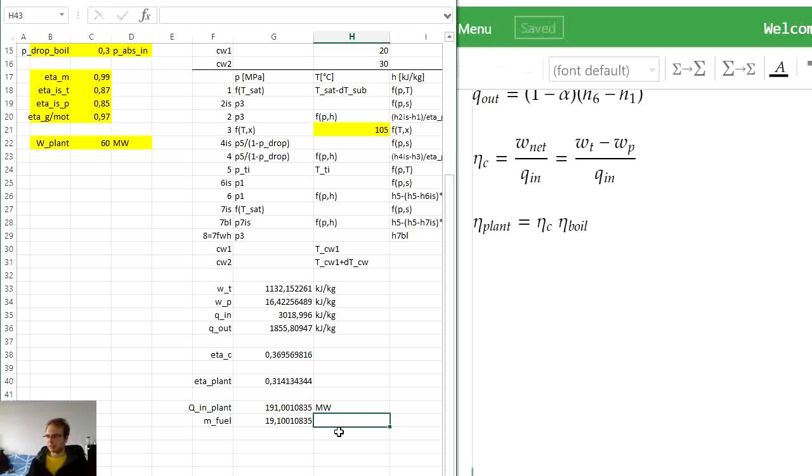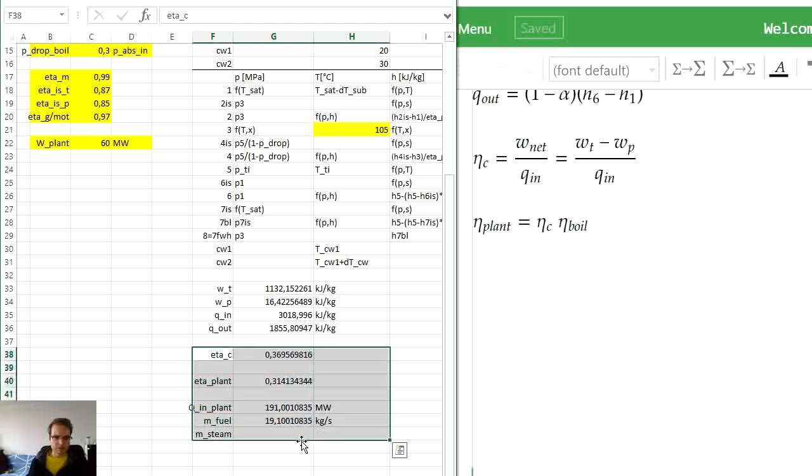So that means we need to burn about 19 kilograms of coal per second. And lastly, mass flow rate of steam. We have somewhere the unit net power output, or if we don't, we can add it.